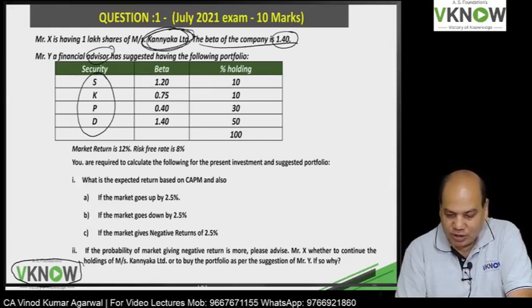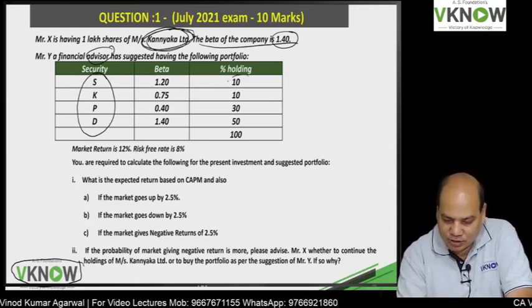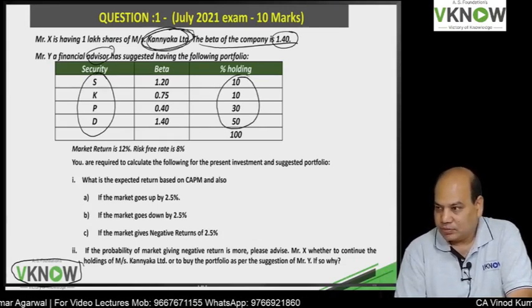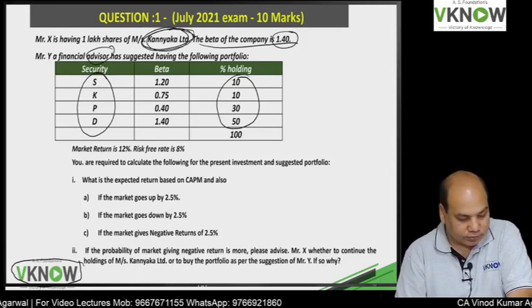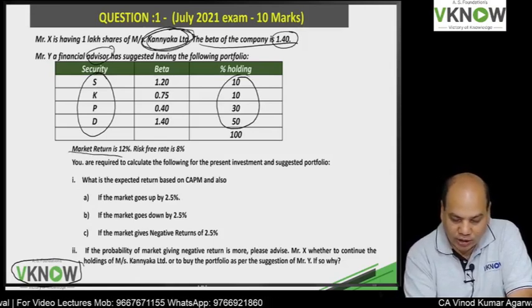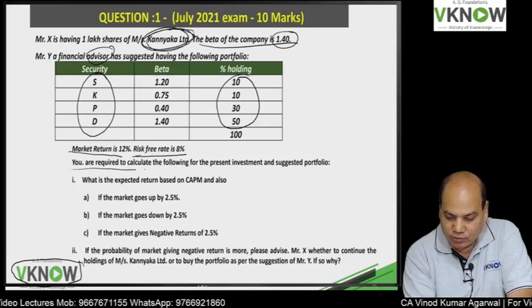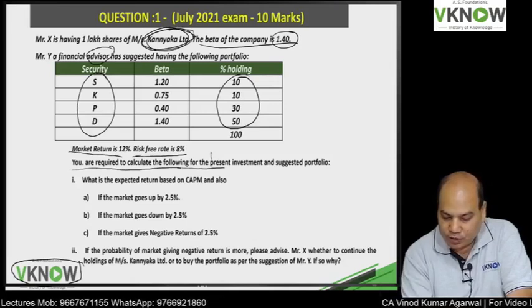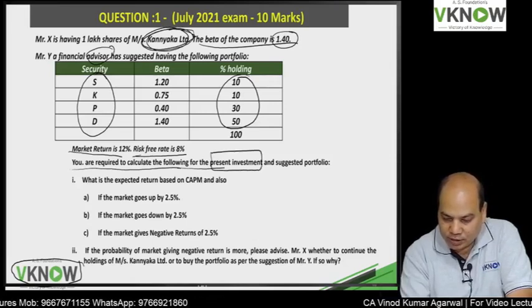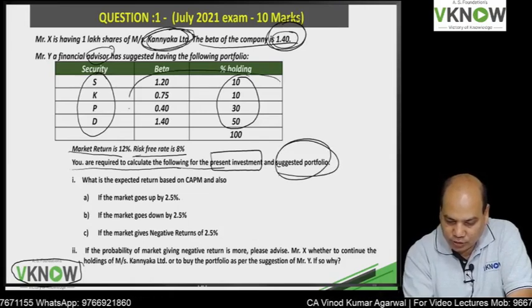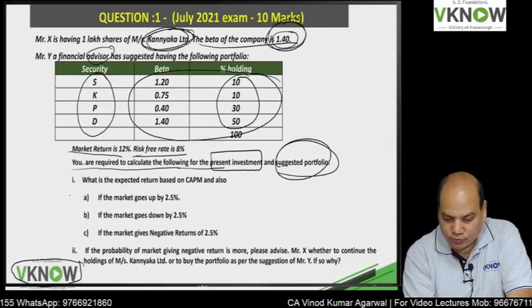They have given the betas, and he has suggested these weights as your percentage of investment. Now they are giving you market return of 12% and risk-free return of 8%. You are required to calculate the following for the present investment, that means with beta 1.4, and for the suggested portfolio.